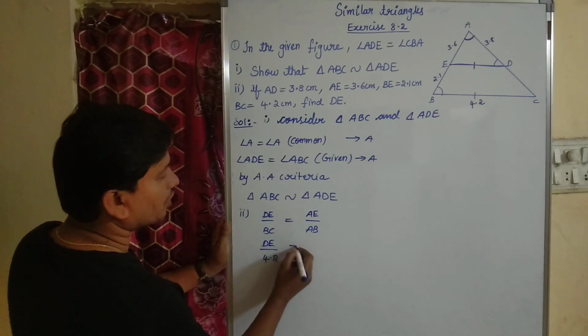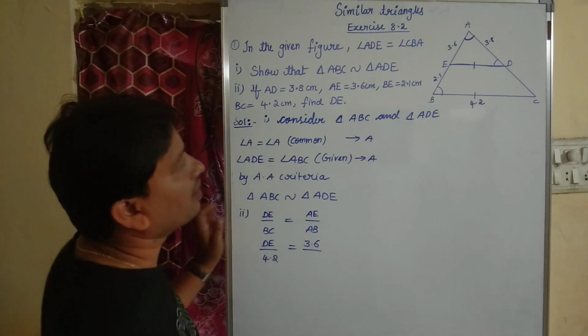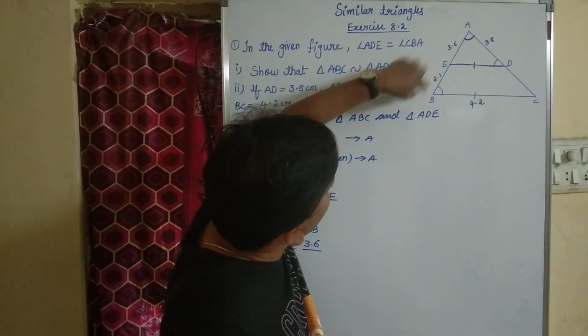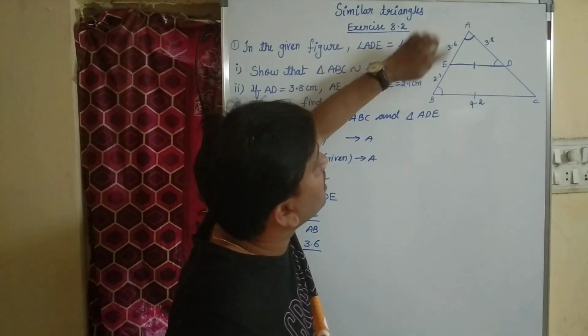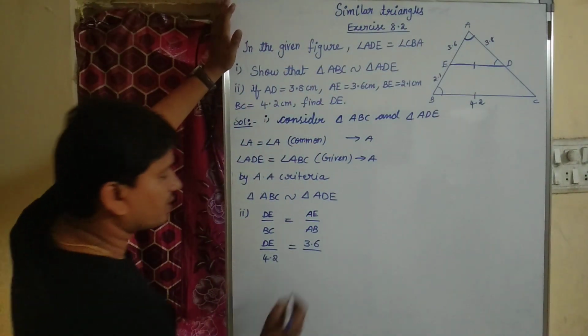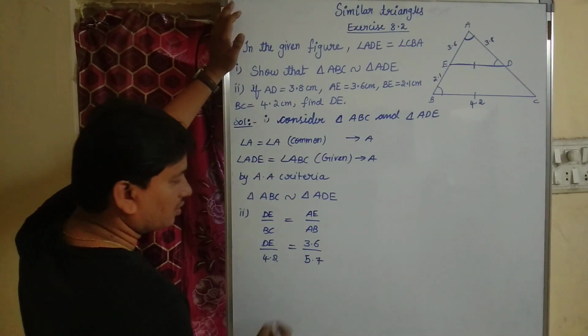BC is given 4.2, AE is given 3.6. What is AB? AB is nothing but AE plus BE. That is where there is a little bit of confusion. So 3.6 plus 2.1 is equal to 5.7. That's all. Right?